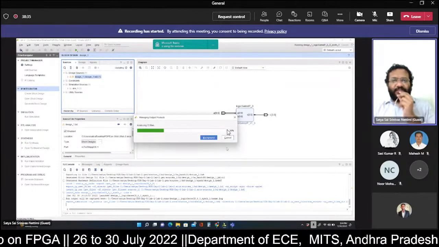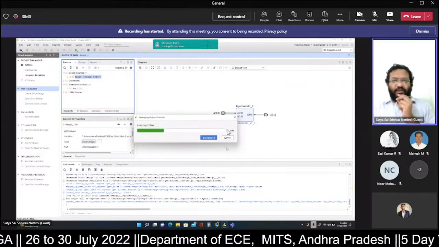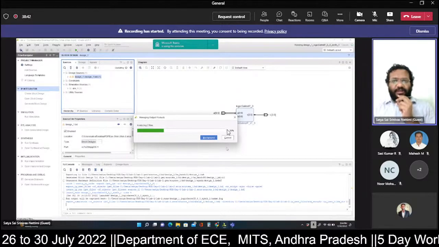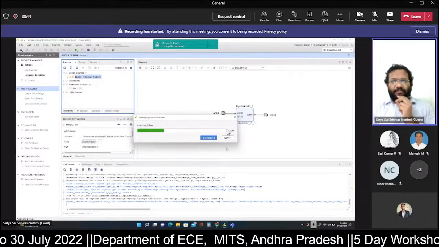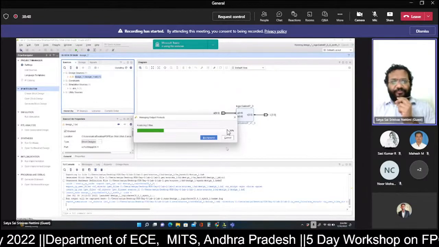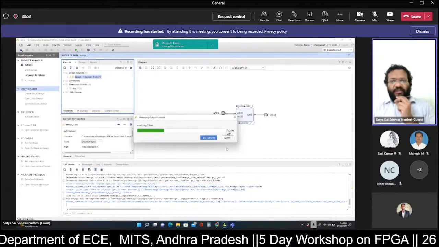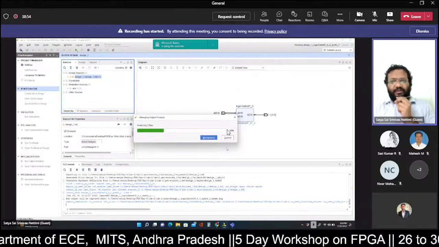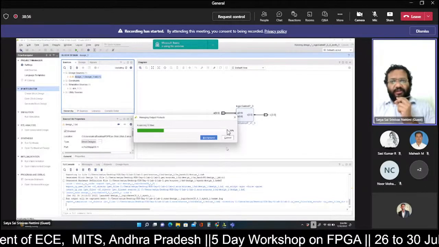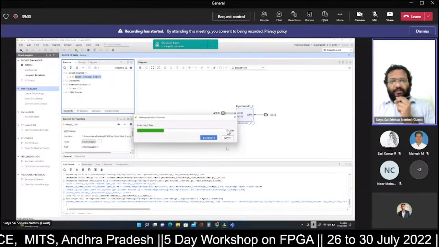That means it is generating the Verilog code with the given configuration, and then it is trying to synthesize it and generate the RTL or a gate level netlist. It is checking whether, with the given customization options, a hardware architecture can be generated by this IP or not.